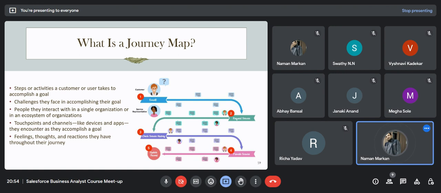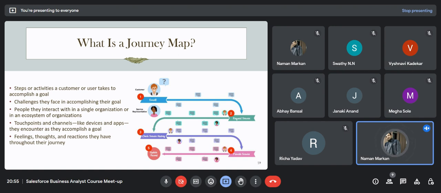Think of the segmentation of the service department people. They enroll the person who has subscribed to our services, and then they map out the steps the customer goes through, the interactions done by the customer.